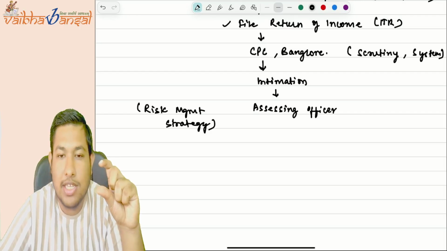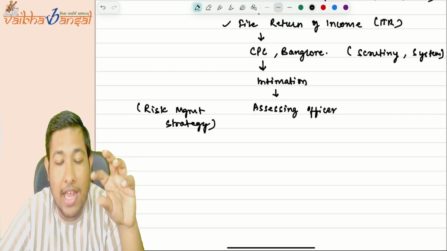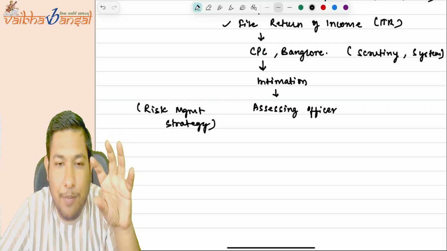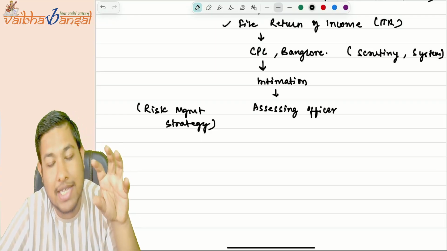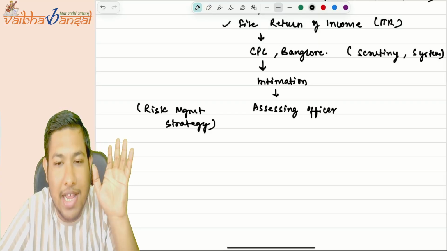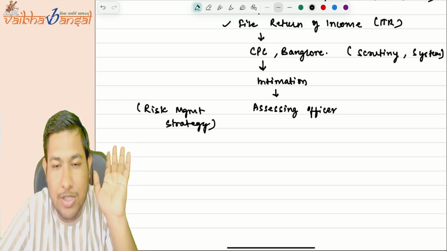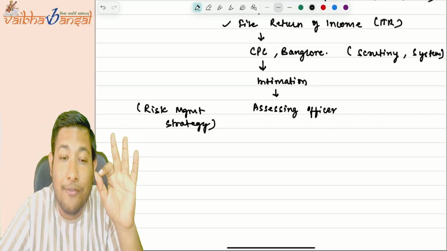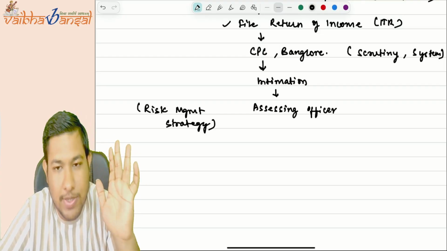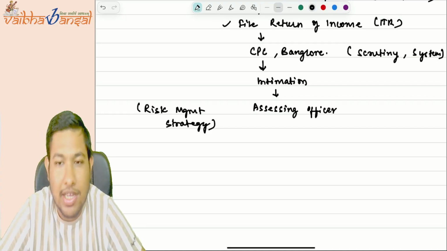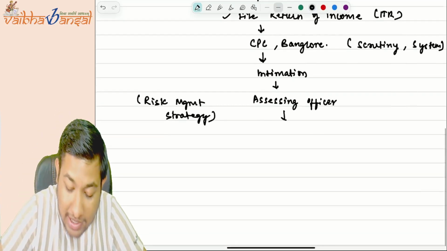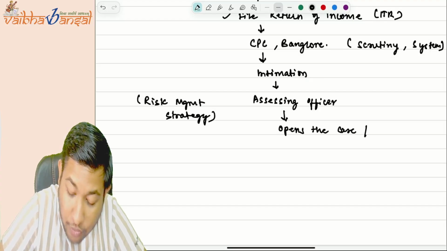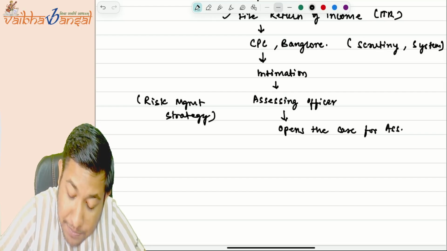In those cases, or in the higher, complex cases, usually the risk management strategy of the CBDT picks up those assessees in whose case there is a chance of mismatch of taxes paid, or mismatch of the taxes that need to be paid. Based on the risk management strategy implemented by the CBDT, the assessing officer finally opens the case for assessment.